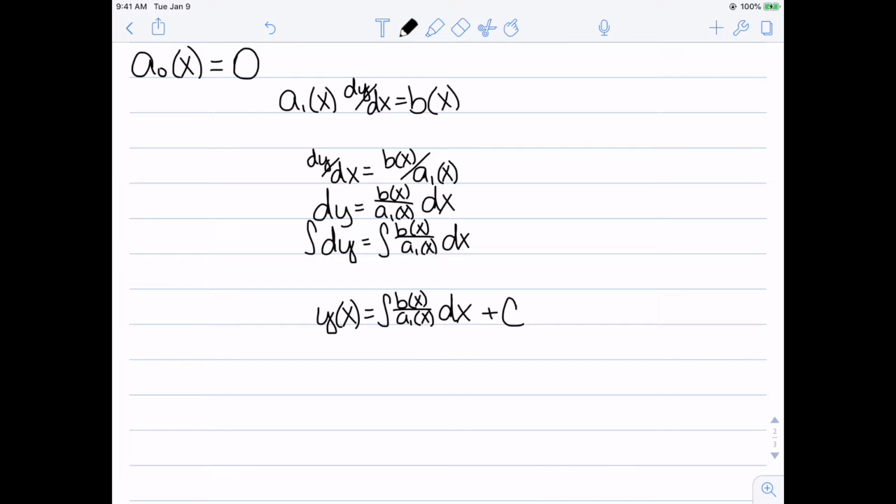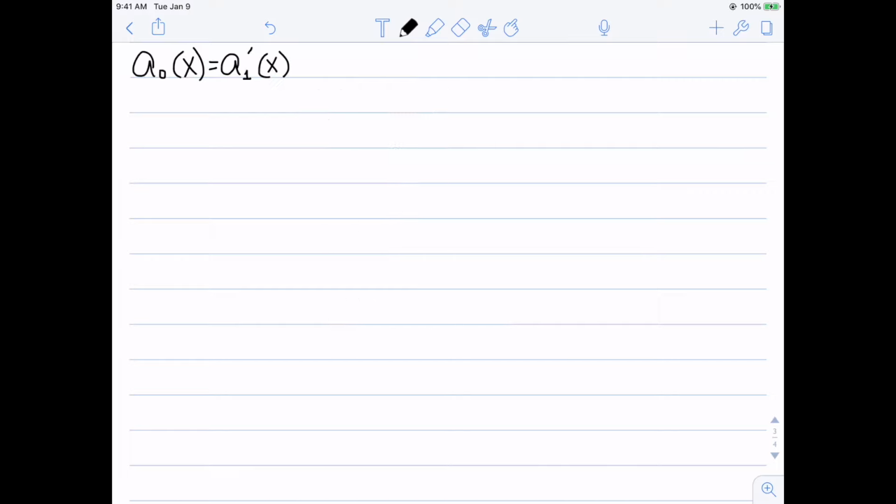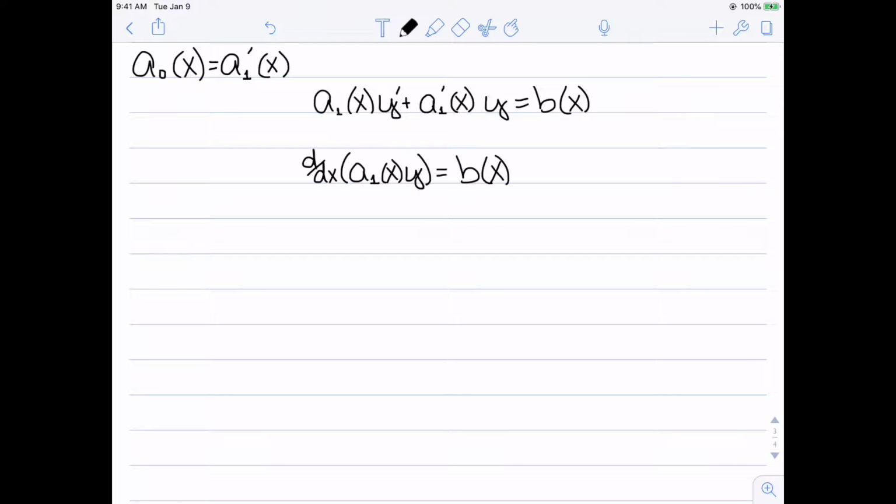Now let's look at the second case. The second case says that a0 of x is equal to a1 prime of x, so the derivative of a1 is equal to a0. This means we can rewrite our differential equation as a1 times y prime plus a1 prime times y equals b of x. The left-hand side of this equation is just a product rule: the first times the derivative of the second plus the derivative of the first times the second.